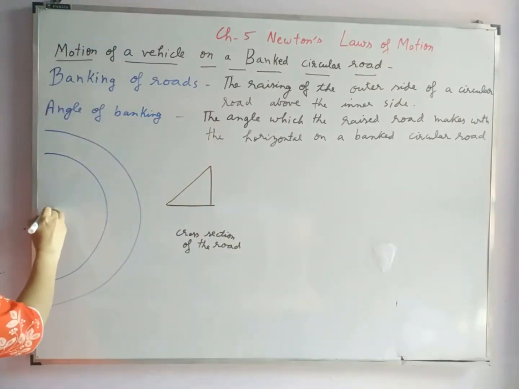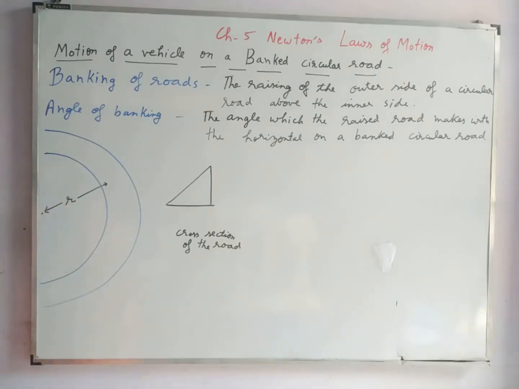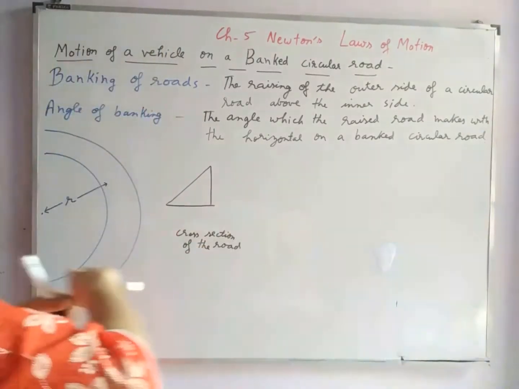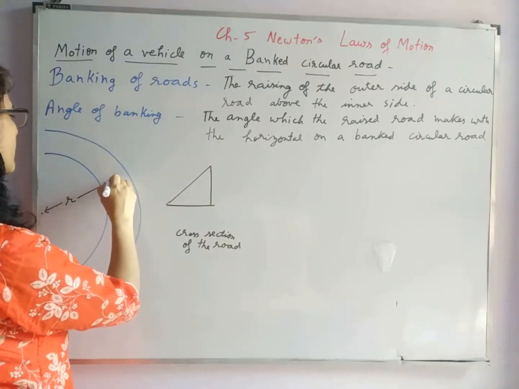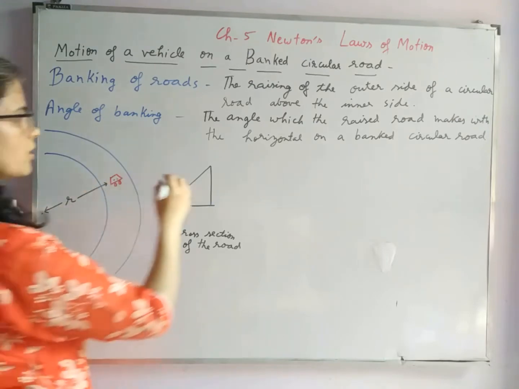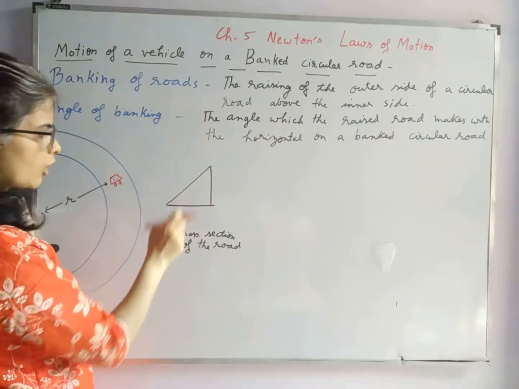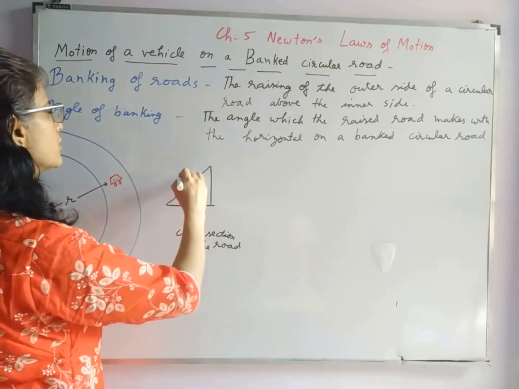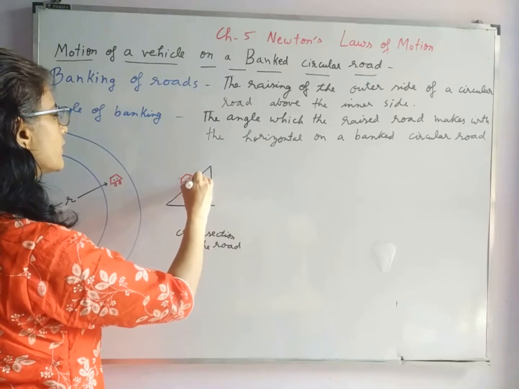Now this is the radius of the path, and our car is moving on this track. So this is our car. Again, these are the tail lights. Since I am drawing the inclined cross section of the road, I'll just draw the car here.